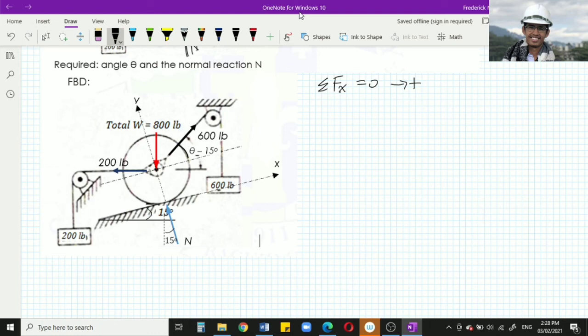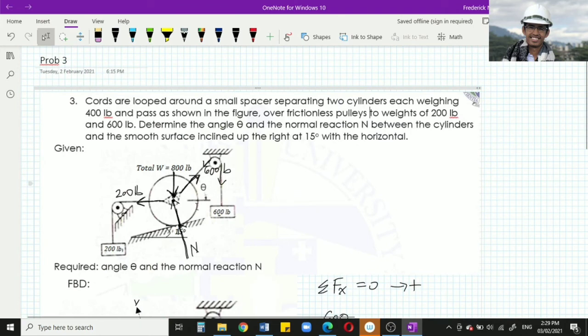Okay, so first, along x-axis, so we have a 600 pounds. So we have theta minus 15 degrees. So bakit naging theta minus 15 degrees yan? So if yung incline natin is 15 degrees, and kung titingnan nyo, yung theta natin dito is yung cord mula doon sa ating horizontal.